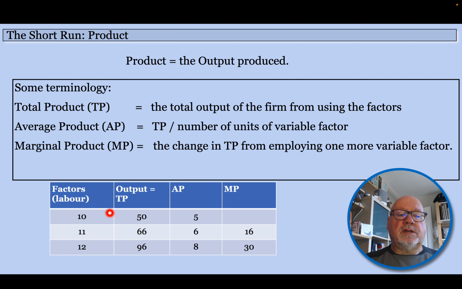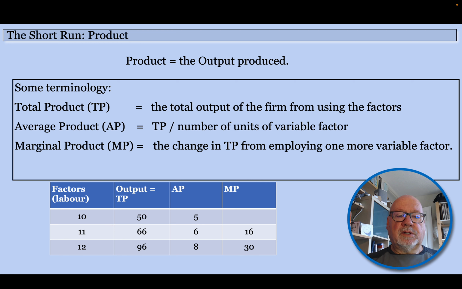So it's the 50 divided by the 10, so you get an average product of 5. When you bring another worker in, the output goes up to 66. So therefore the average is 6, but the marginal is simply the difference between these output levels here. So this is the extra output for the extra worker.